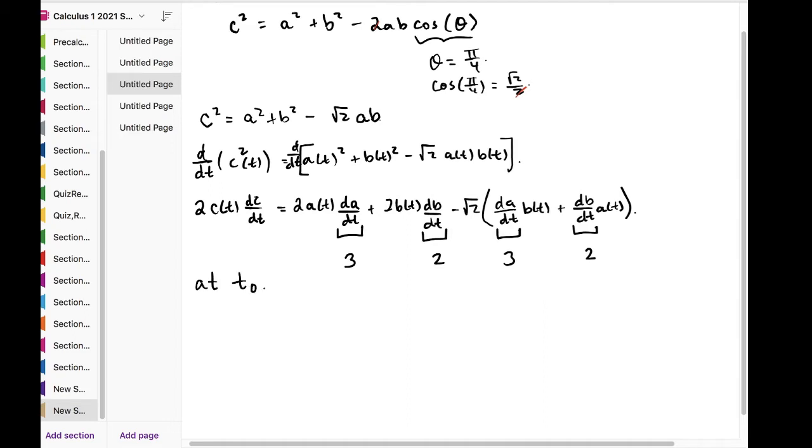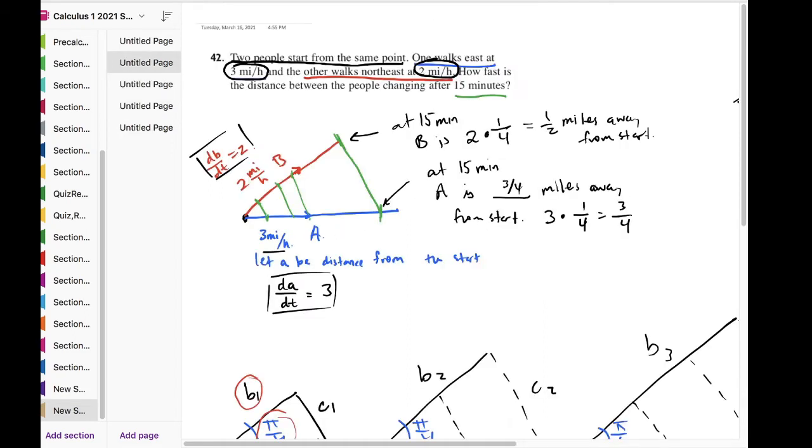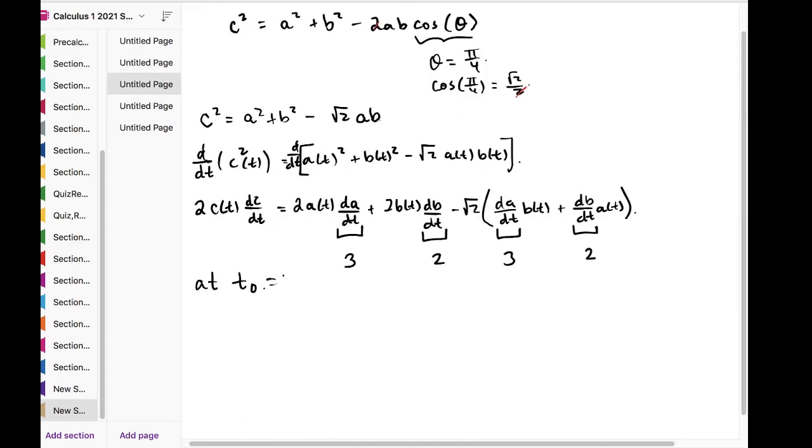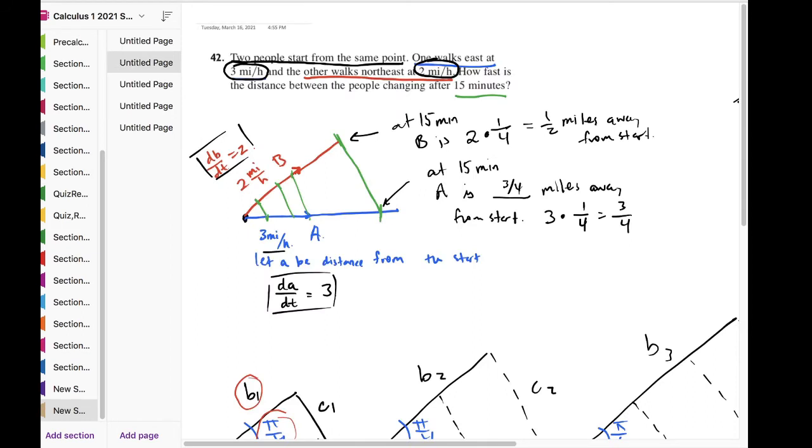Do we know anything at t naught? So remember, t naught is 15 minutes. Do we know a and b at 15 minutes? We have it right here. So 1/2 for b and 3/4 for a. Let's remember that. So a is 3/4 and b is 1/2.